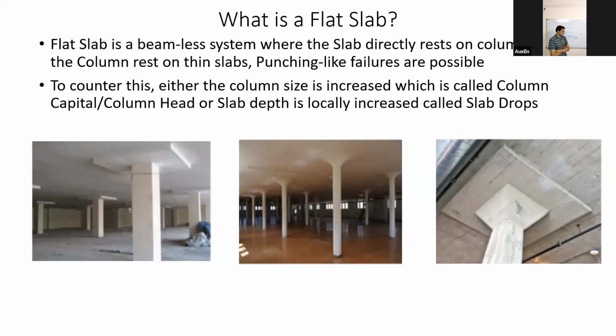Mr. Tejas is asking whether column stress will be more for flat plate as compared to flat slab. Yes, for flat plate, your punching stresses would obviously be more because you are not increasing the thickness locally, you are not providing drop, nor are you providing capital. So stresses would be more.